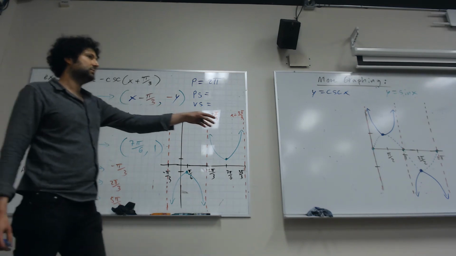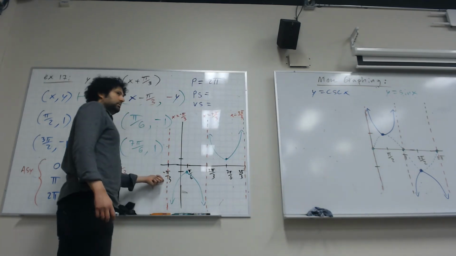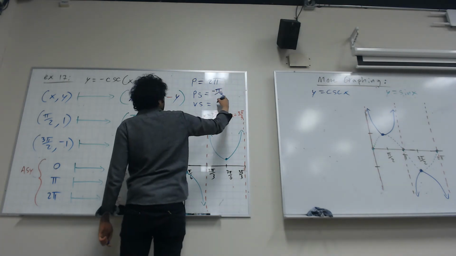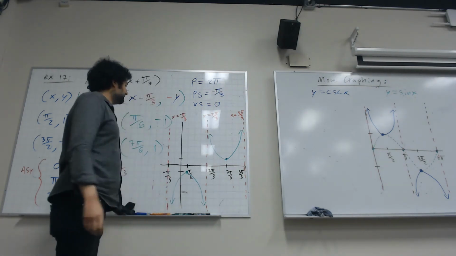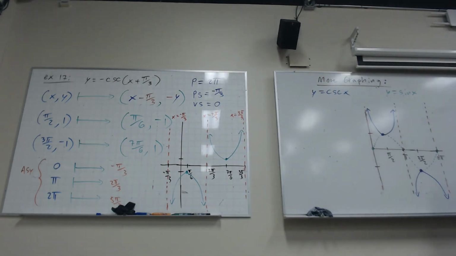Where did this asymptote end up? Vertical shift. So it just got shifted pi over 3 left and flipped across the x-axis. So, yeah, we have done secant, so the homework's going to be due next Tuesday.